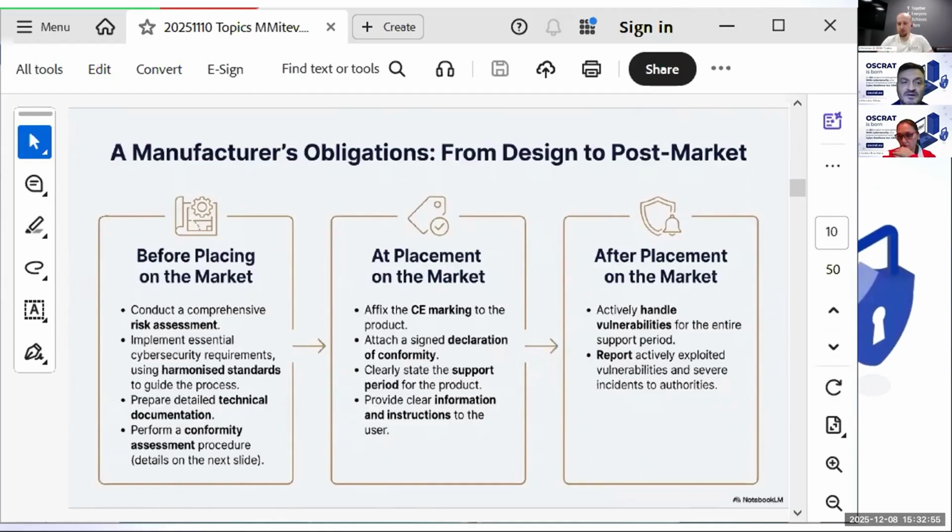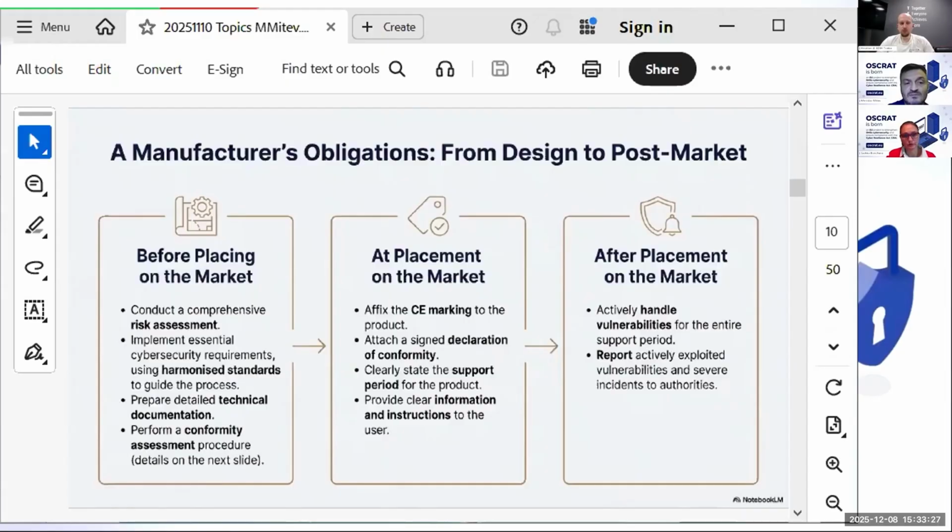They must prepare technical documentation and follow a conformity assessment procedure. When placing the product on the market, the manufacturer must add the CE marking, include a signed declaration of conformity, and provide clear instructions and information for users. They must also state the support period of the product.